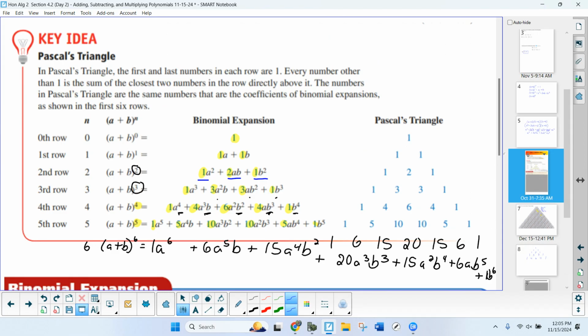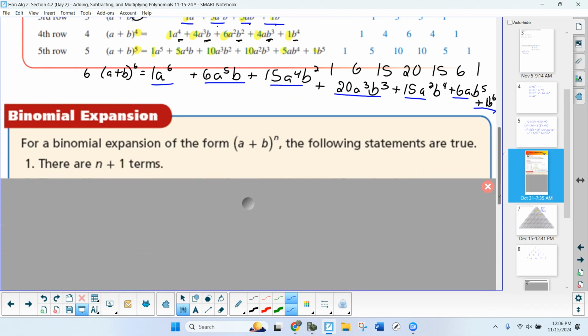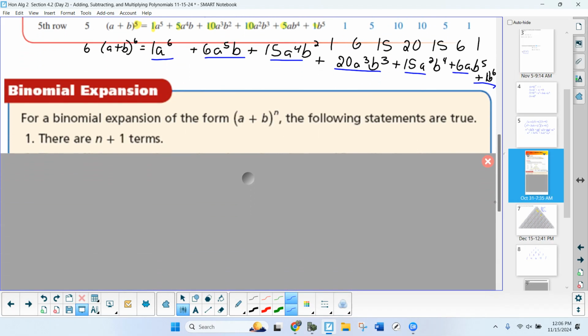If I raised it to the third power, how many terms did I have? 4. When I raised it to the sixth, how many did I have? 1, 2, 3, 4, 5, 6, 7. So I had 7 terms. Does that make sense? So there's always one more term than whatever you're raising it to.